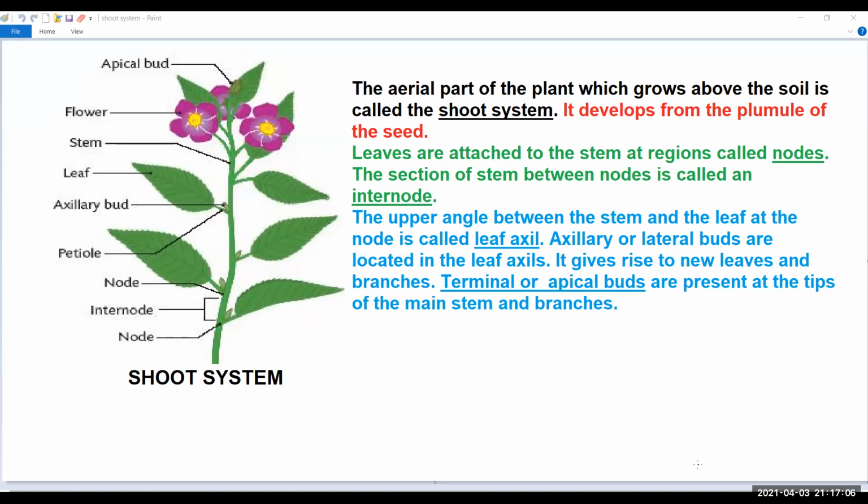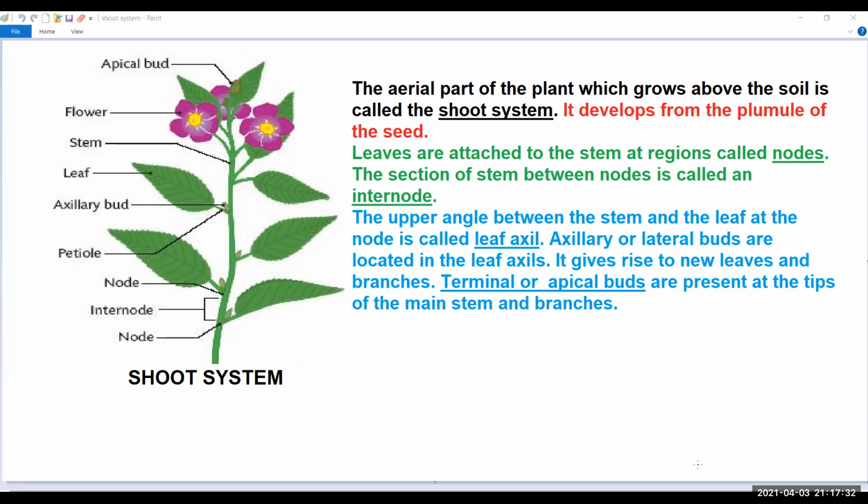It develops from the plumule of the seed. Leaves are attached at the stem at regions called nodes. And the section of stem between the nodes is an internode.